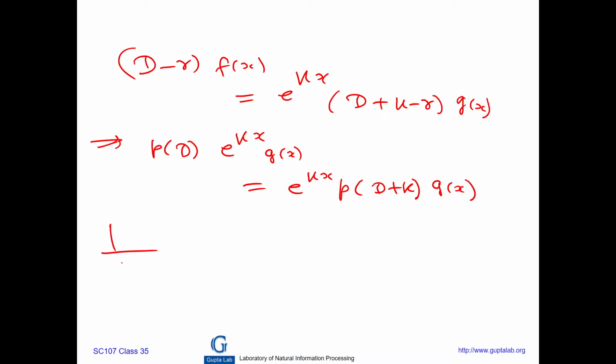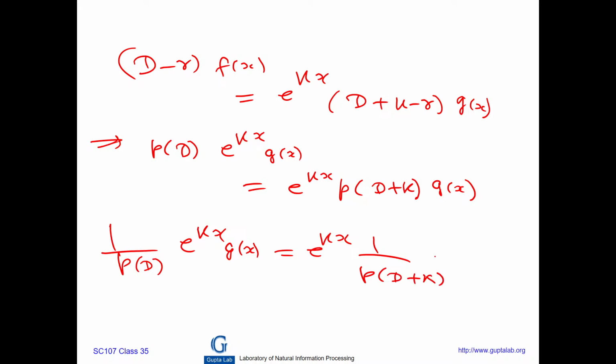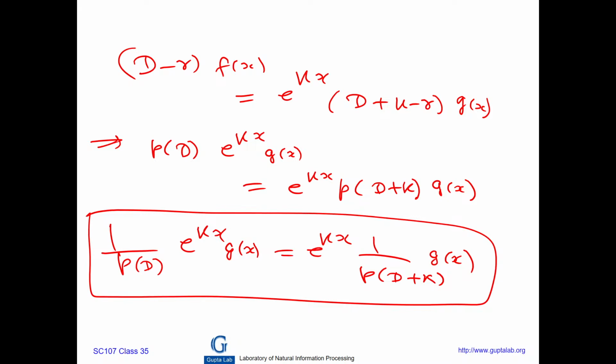That's why we have this result that 1 over p of D acting on e raised power kx g of x is nothing but e raised power kx times 1 over p of D plus k acting on g of x. This is the formula that we can use, known as shift rule in the operator, right? So whenever the function has exponential form times another function, take e outside of the operator and then just shift it here, D plus k.